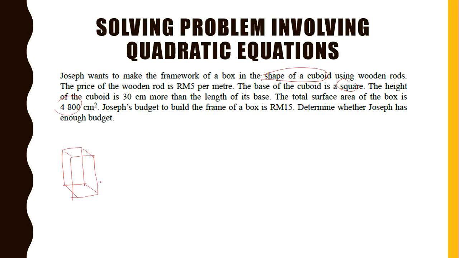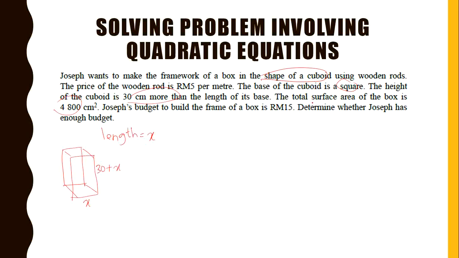Kita boleh denote dulu. Length dia kita denote as x, sebab kita tak tahu length dia berapa. So length of base is x. Lepas tu dia kata height of the cuboid is 30 cm more than length. Maksudnya height dia is 30 plus x.